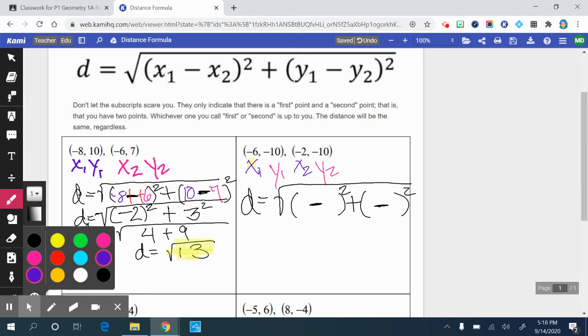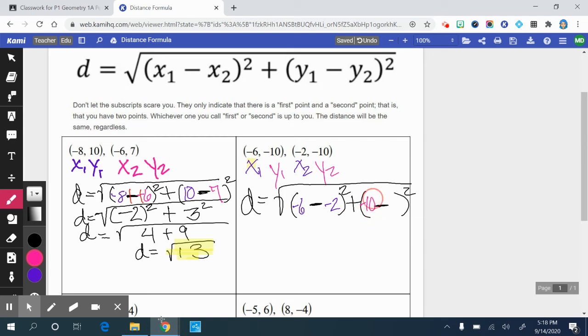So x1 is negative 6, and x2 is negative 2. y1 is negative 10, and y2 is also negative 10.